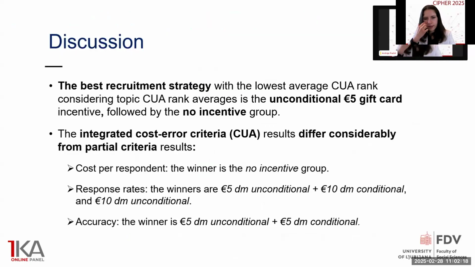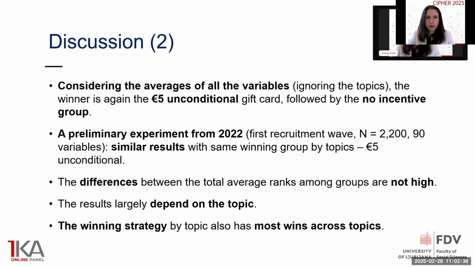Based on our findings, the best recruitment strategy is the unconditional €5 gift card, followed by the no incentive group. And a key point is that the winner, according to the integrated cost-error criterion, is different from the winners based on the partial criterion. Next slide, please.